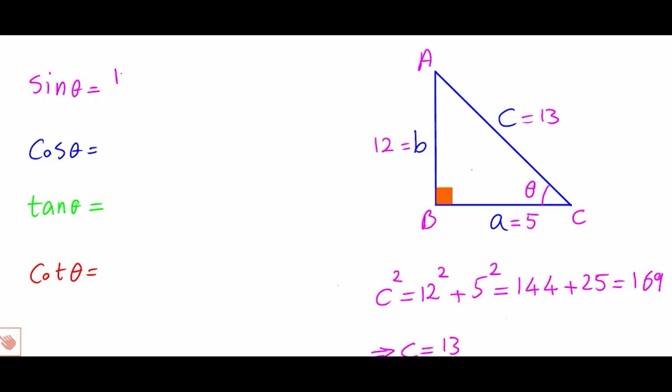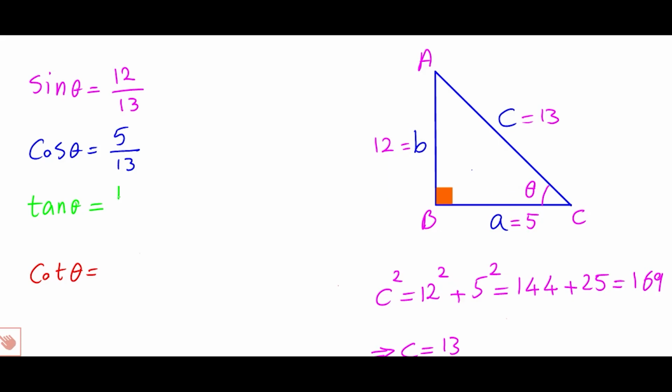It means 12 divided by 13. Cosine theta is equal to the adjacent side divided by hypotenuse. It is 5 divided by 13. Tangent theta is equal to the opposite side divided by the adjacent side.